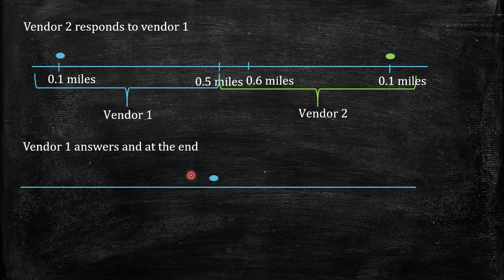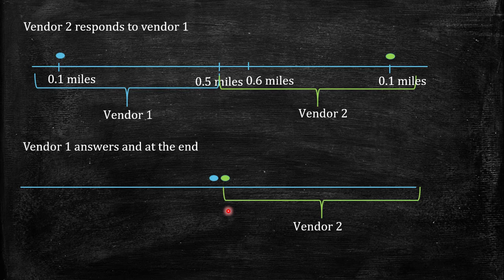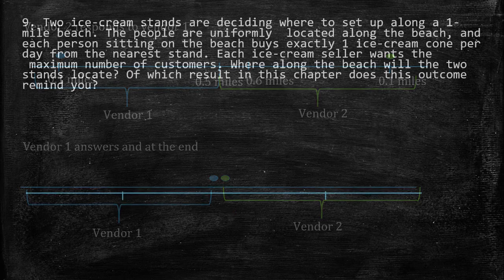I represent here as a sequential game, but as a matter of fact, this is more simultaneous because they can move in the same way. But this is just illustrative to demonstrate that at the end of the day, they will finish exactly in the middle, one close to the other, because vendor 2 would take again half and vendor 1 half.